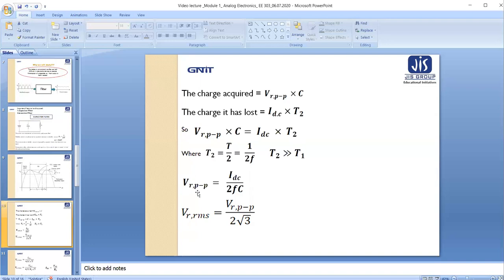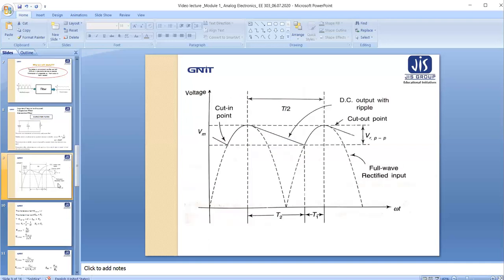Now VR peak to peak equals IDC by 2fC, because VR peak to peak equals IDC into T2 by C, and putting in the value of T2, it becomes IDC by 2fC.